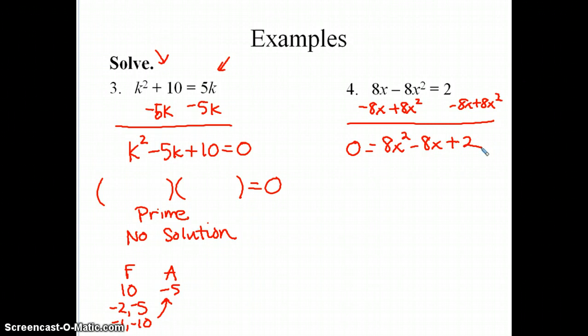First job, I look through my first 6 steps, and I note that I do have a GCF. So I'm going to say 0 equals 2 times 4x squared minus 4x plus 1. When I look at the trinomial, I note that the first and last term are perfect squares.